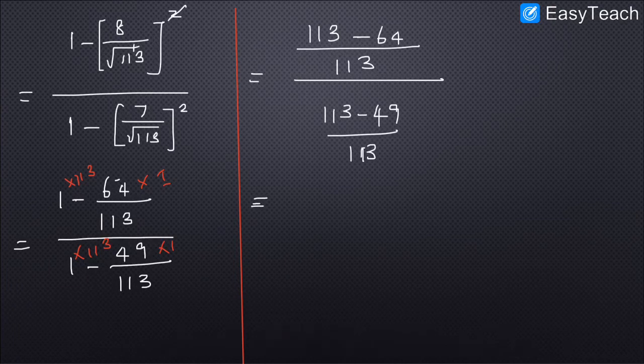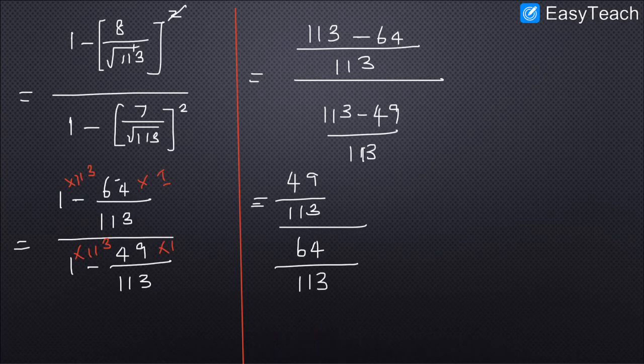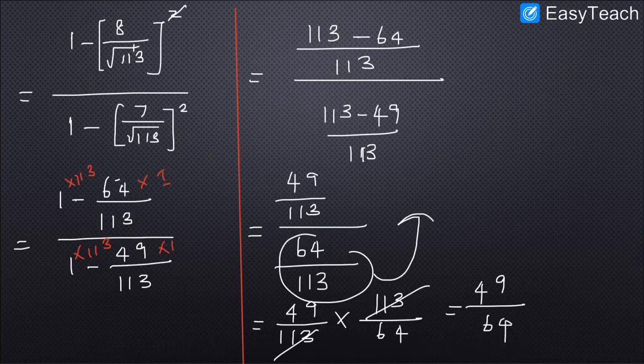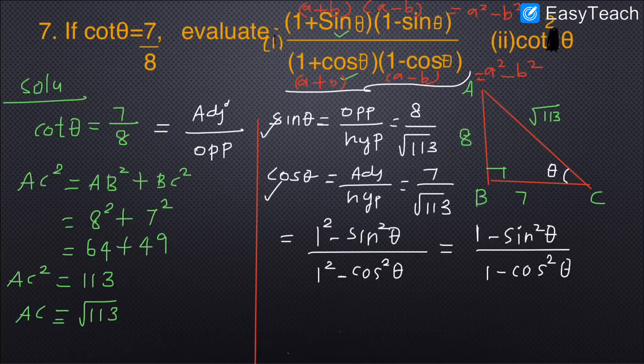Next step, 113 minus 64 is 49 by 113, whole divide by 64 by 113. So 49 by 113, this part if it goes up will go as reciprocal, so 113 by 64. These two cancel out, the remaining is 49 by 64.